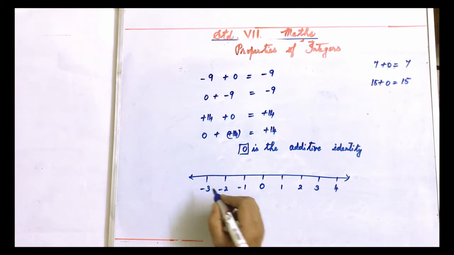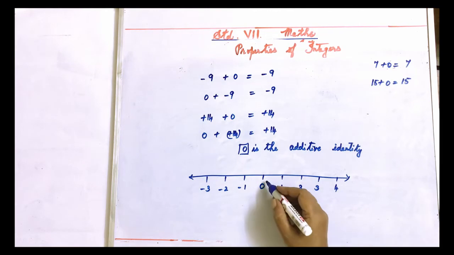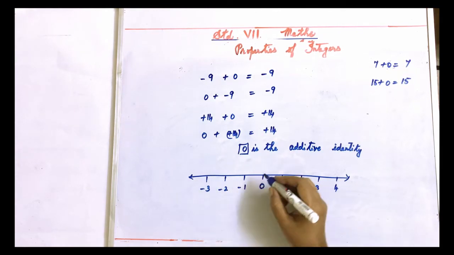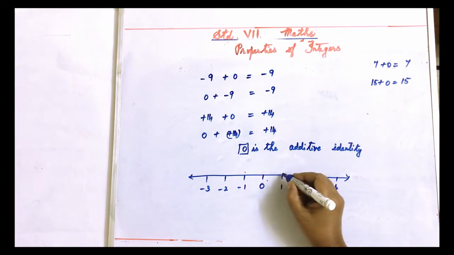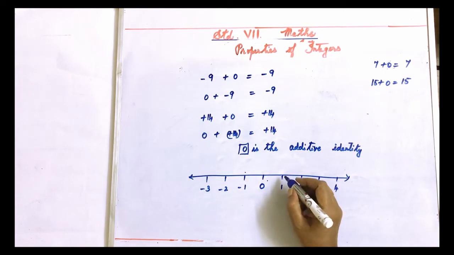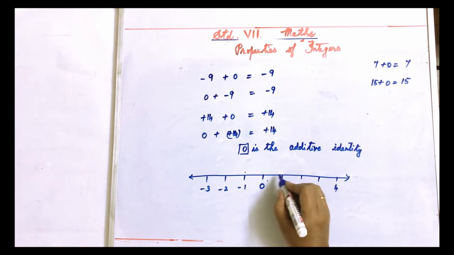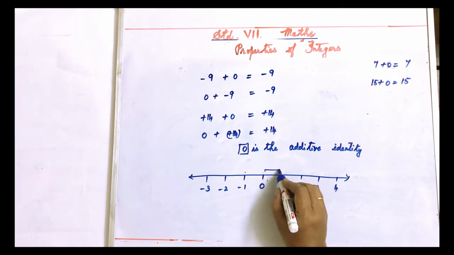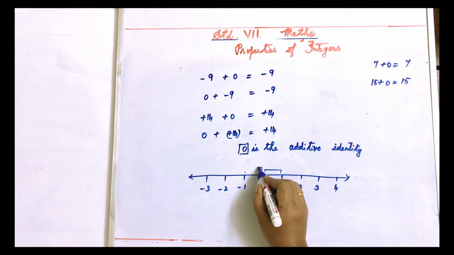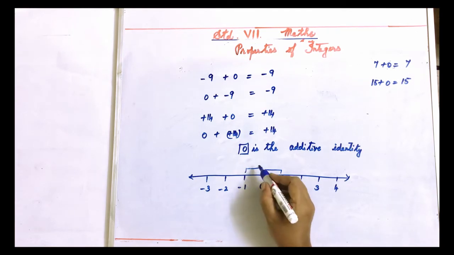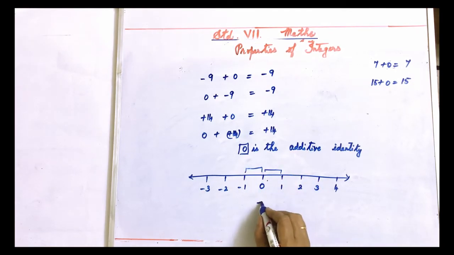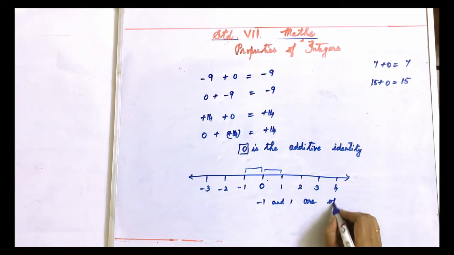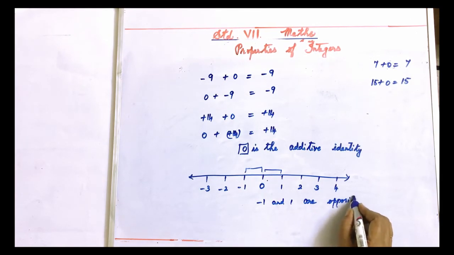Minus 1 and plus 1 are opposite to each other, and 1 and minus 1 are equidistant from 0, that is 0 to 1 and 0 to minus 1 are the same distance. So minus 1 and 1 are opposite to each other.